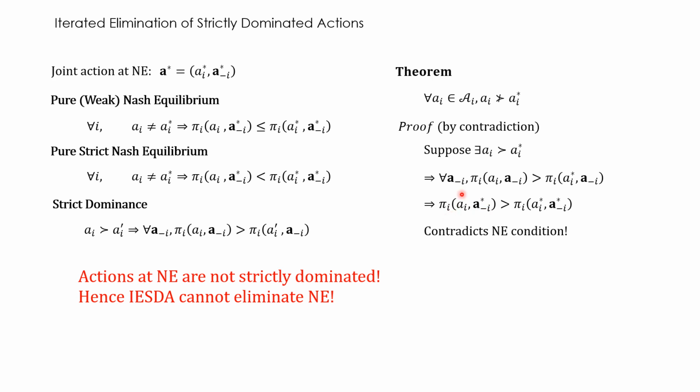And so we replace a sub negative i with a star sub negative i, and so we get this expression here. This relationship is again strictly greater than, and this is in direct contradiction to the definition of Nash equilibrium, because here you have a less than or equal to sign, here you have a less than sign, and here you have a greater than sign. So this completes our little proof.